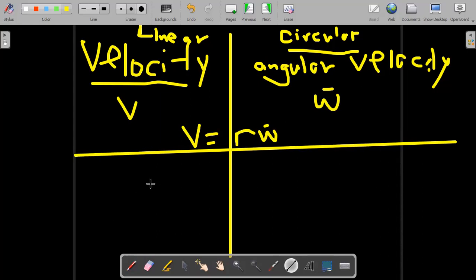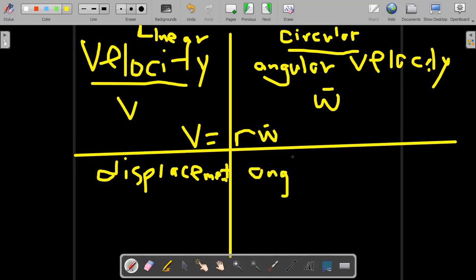Okay. So the other part that we know under linear motion is what we call the displacement. We call it the distance. It's the same, right? Also, displacement is a distance with direction. Under circular motion, we just call it angular displacement.